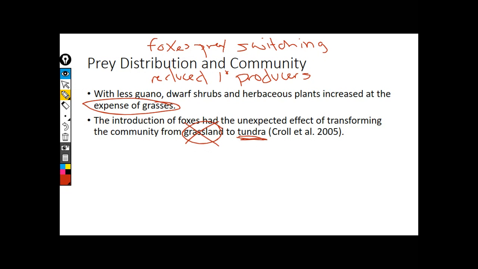So we don't have the forest, it can't be boreal. So we push this to the tundra.